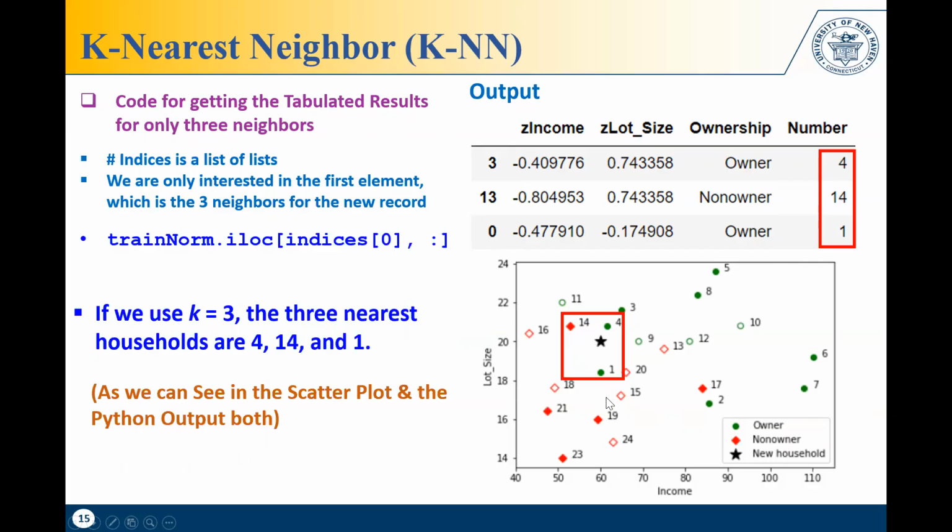And since 2 of the neighbors are owners, the majority vote is owner. So the new household would be classified as owner. Here, 2 of them are owner. Here, 2 of them are owner. That's why the majority vote is owner, and the new household would be classified as an owner.